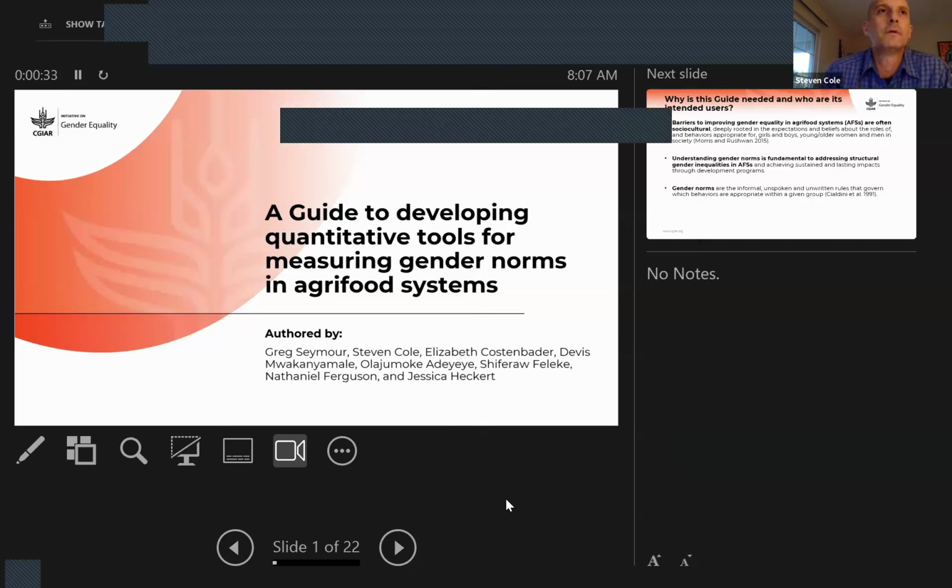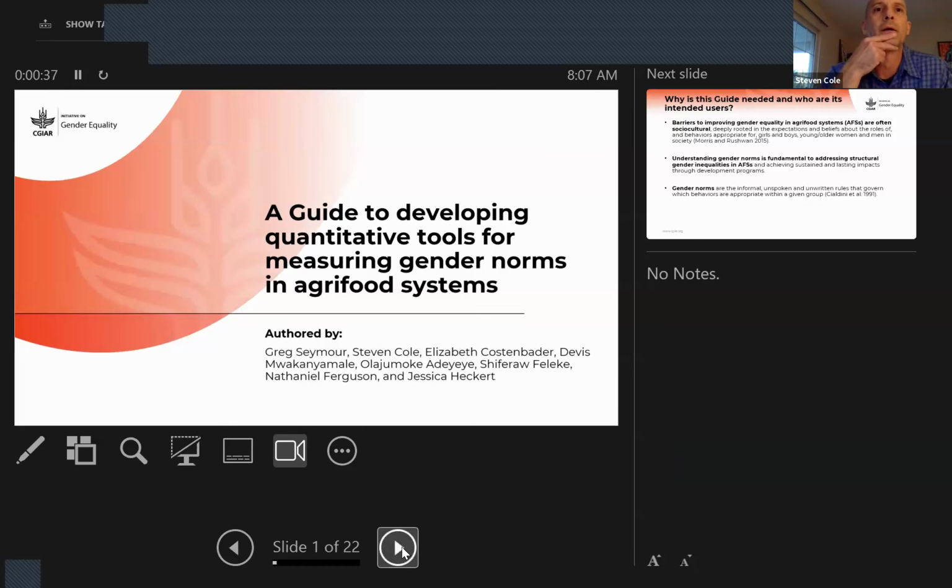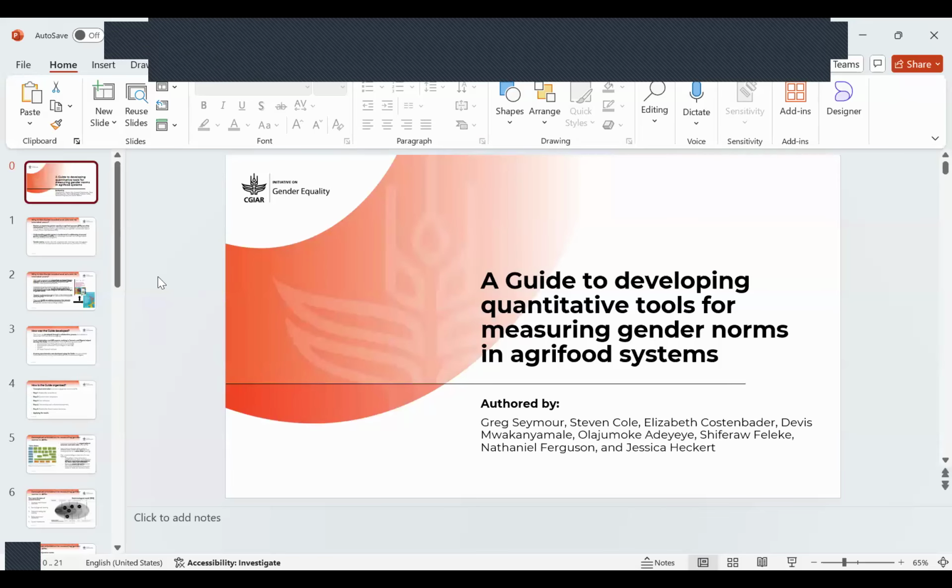So maybe if we could move to the next slide, but take it off that slide mode. We're seeing the notes version on the side, so if you could show the full screen version without the presentation mode, that'd be great.